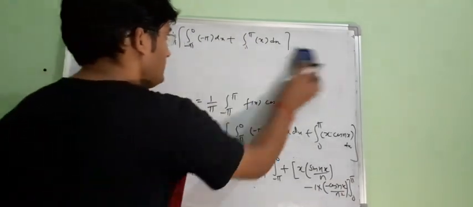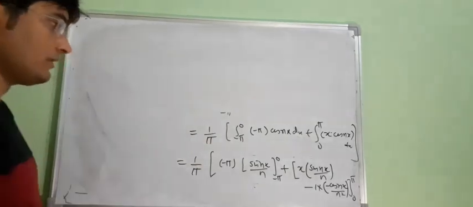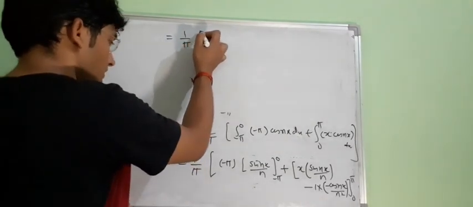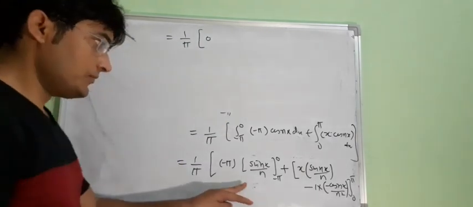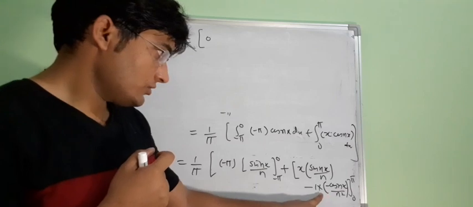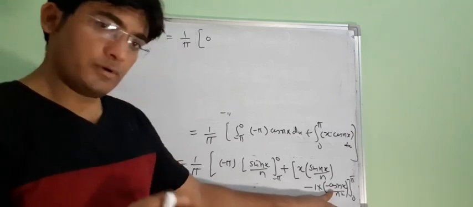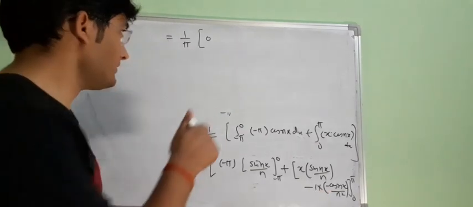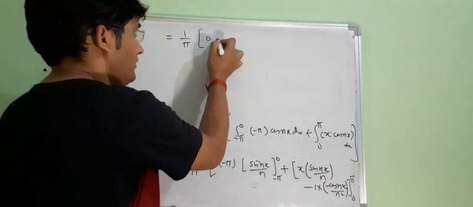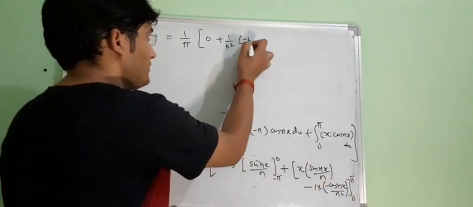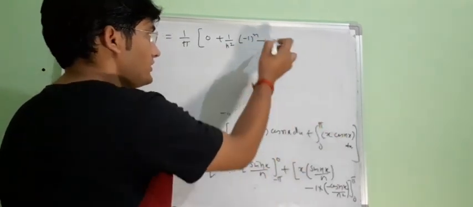So you can see that an is equal to, now the first term is 0. Here upper limit and lower limit both are 0. The remaining term will be 1 upon n square, and the upper limit will be cos n pi, that is minus 1 to the power n, and the lower limit is cos 0, that is 1.